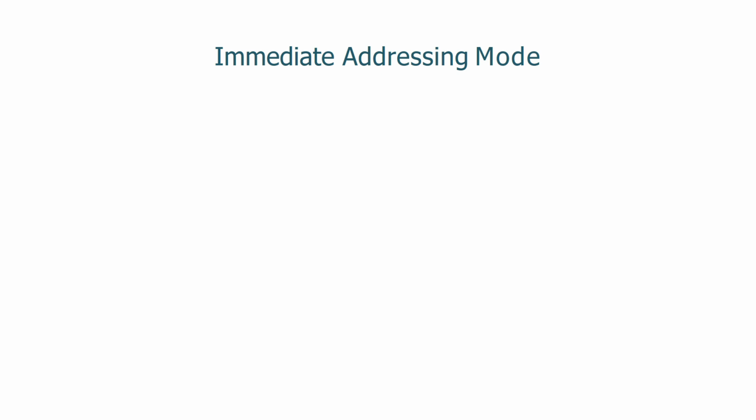So the example of immediate addressing mode can be such that add 25H. This means that we want to add 25 into the accumulator. This value is added directly.